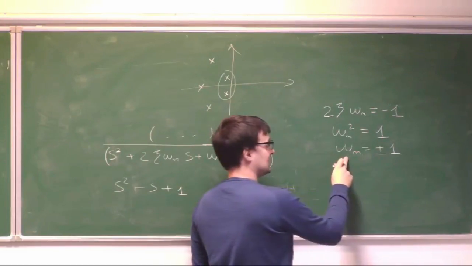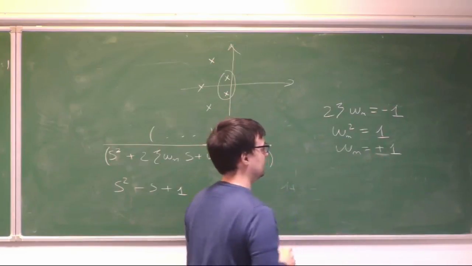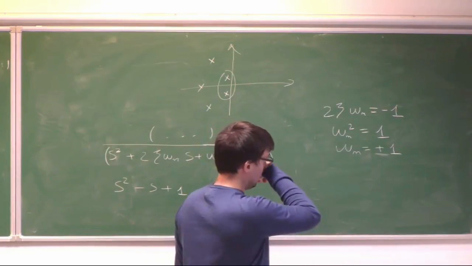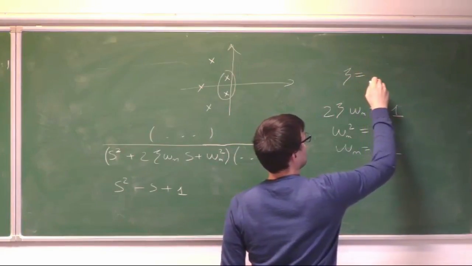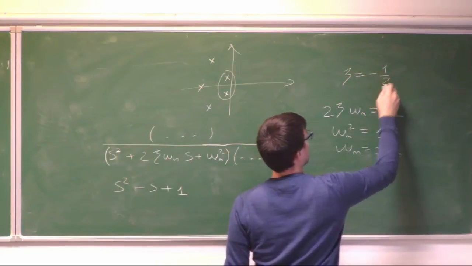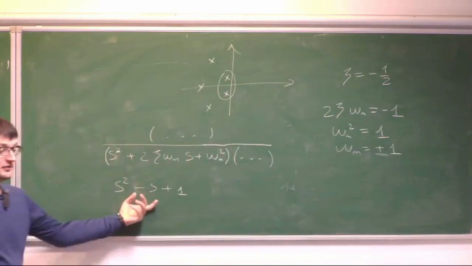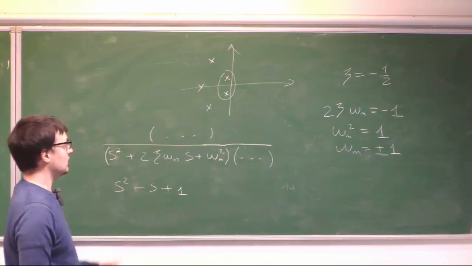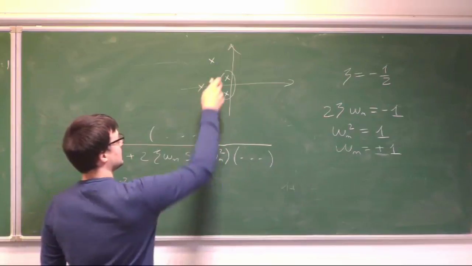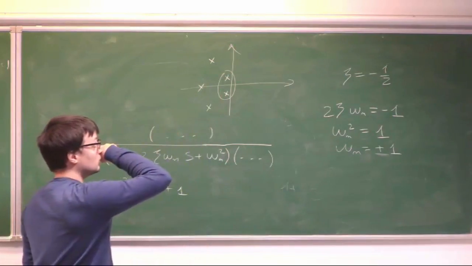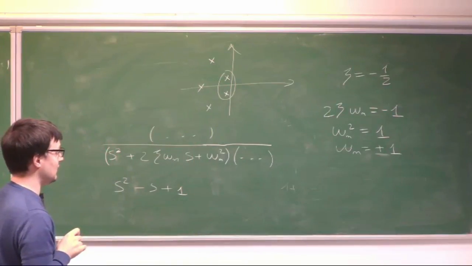However, this is a frequency, so it has to be positive, so we select only the positive solution. Omega n is equal to plus 1, and then here we can compute zeta, and so zeta is equal to minus 1 over 2, okay? So we have omega n and we have zeta, and this can be done for every type of this polynomial. And these are polynomials that have complex solutions, okay? So it means that it corresponds to a pair of conjugate points in the complex plane, okay?